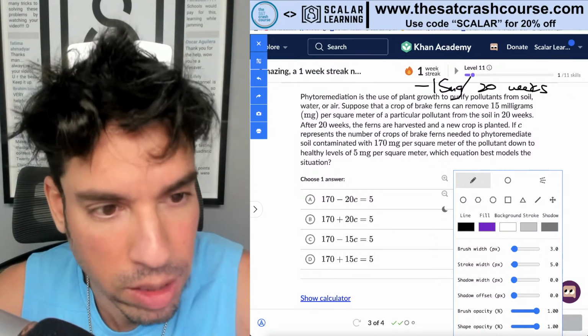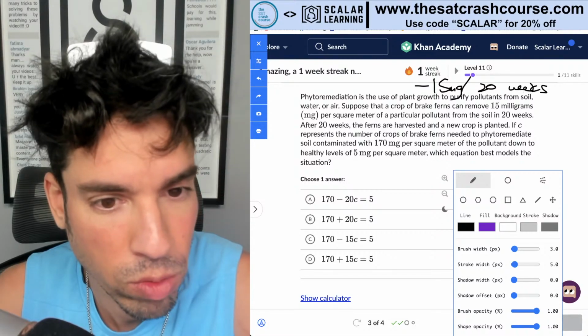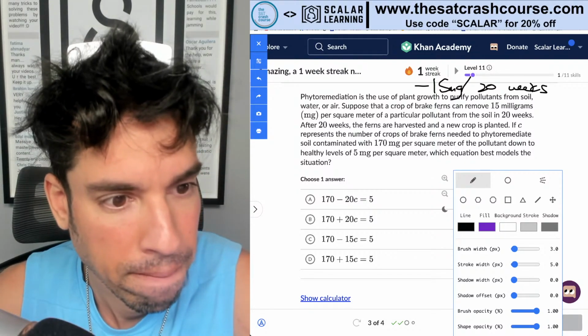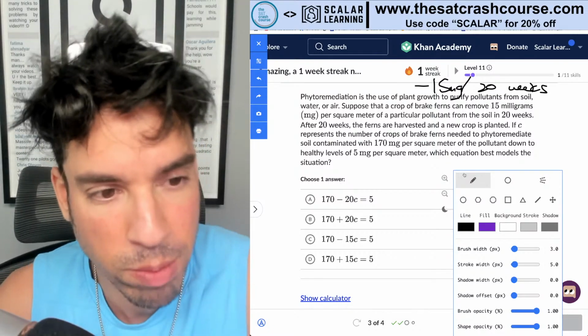After 20 weeks, the ferns are harvested and a new crop is planted. So we do remove 15 milligrams. Okay, so it's removing the pollutants. I'm getting it.